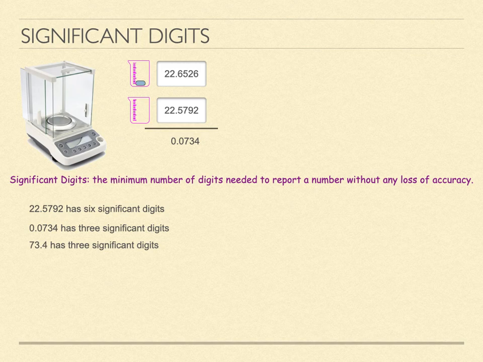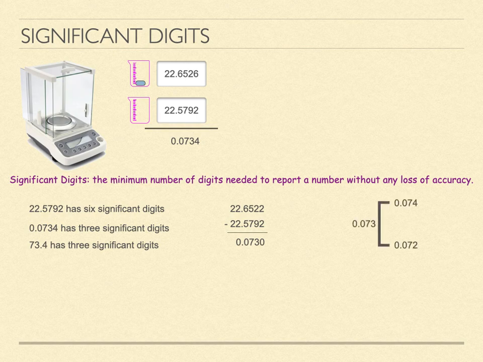Now, what if the second weighing produced the number 22.6522 grams? Then the difference would be 0.0730 grams. Is that last zero significant or not? Well, we compare 0.073 and 0.0730 when we write these numbers.